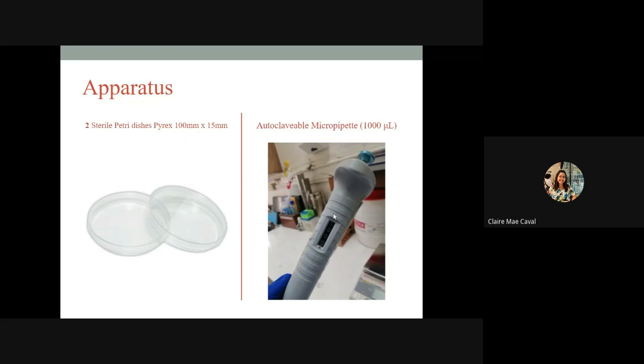Okay, then an autoclavable micropipette set at 1,000 microliters. This is a different micropipette from what you use in clinical chemistry, because this is autoclavable, okay? Again, autoclavable micropipette, because the ones in clinical chemistry are not autoclaved. In microbiology, it should be an autoclavable micropipette.